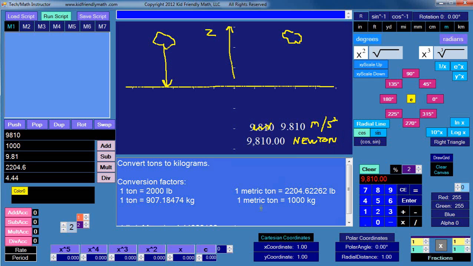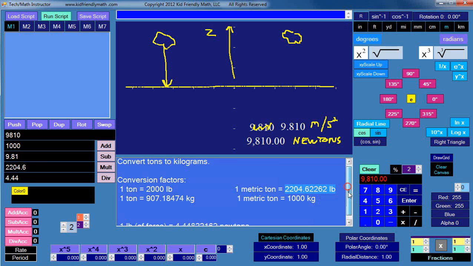I want to know what this is in pounds, because this says 1 ton is 2,000 pounds. So really this is saying that 1,000 kilograms is equivalent to 9,810 newtons, but then we have to get newtons into pounds.